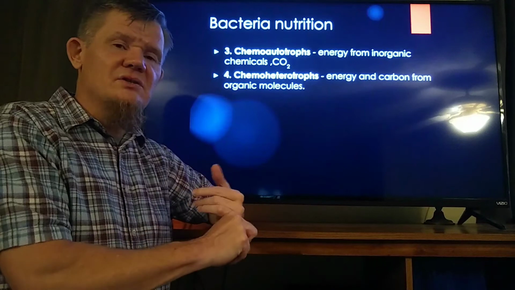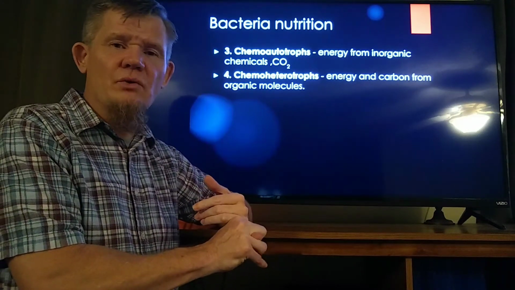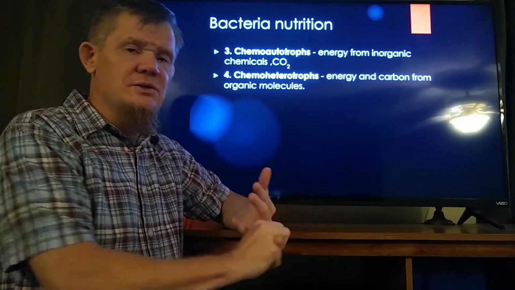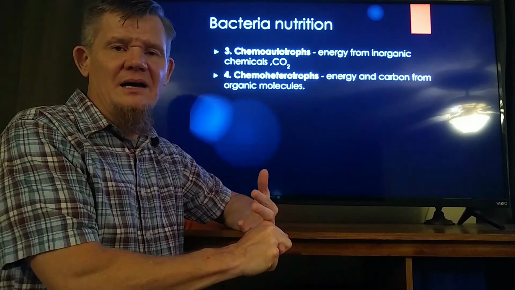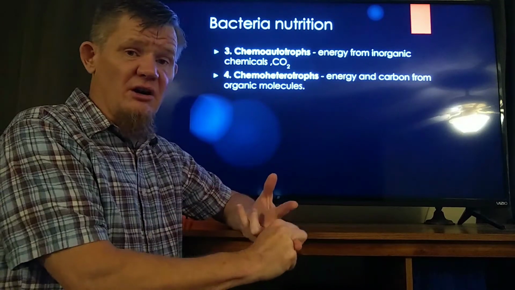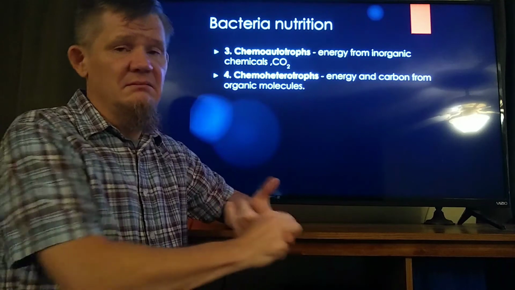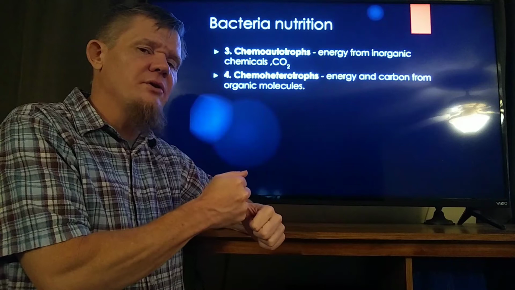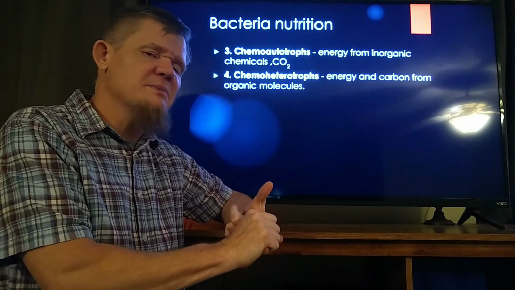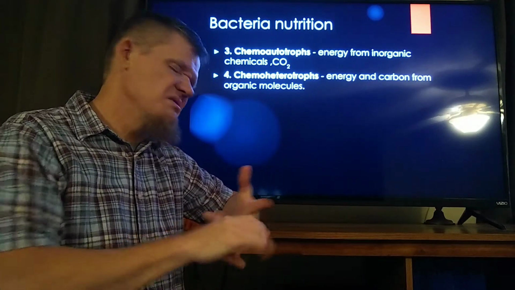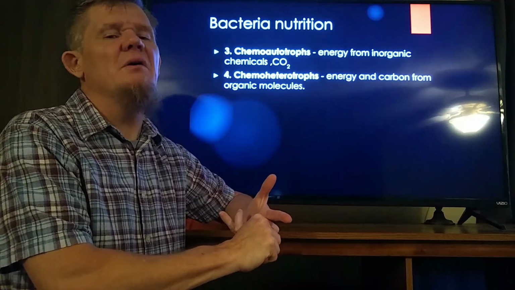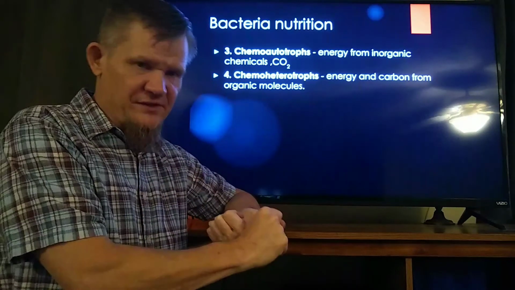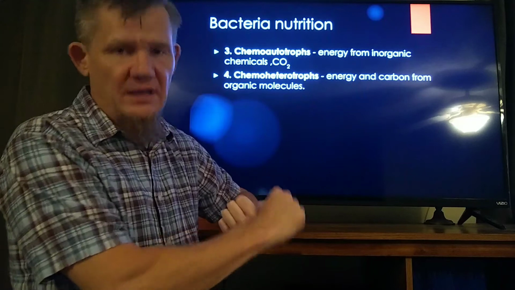They break down sulfur compounds and get the energy stored in those chemical bonds to add carbon dioxide together to make sugar, to make food, that they can then eat for energy. Several species of photoautotrophs, not many species of photoheterotrophs, not many species of chemoautotrophs, lots of species of chemoheterotrophs.